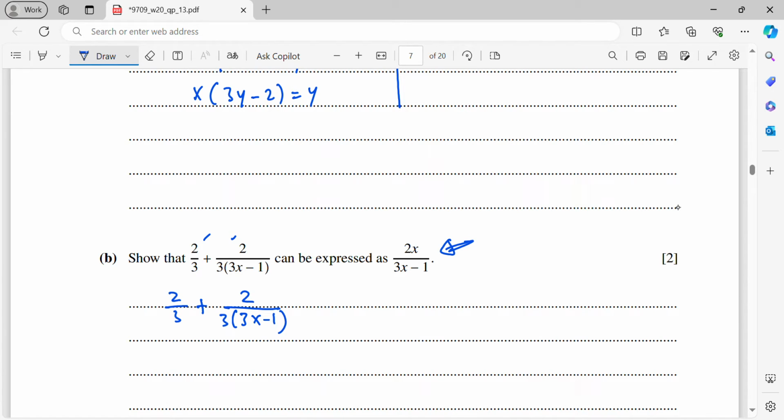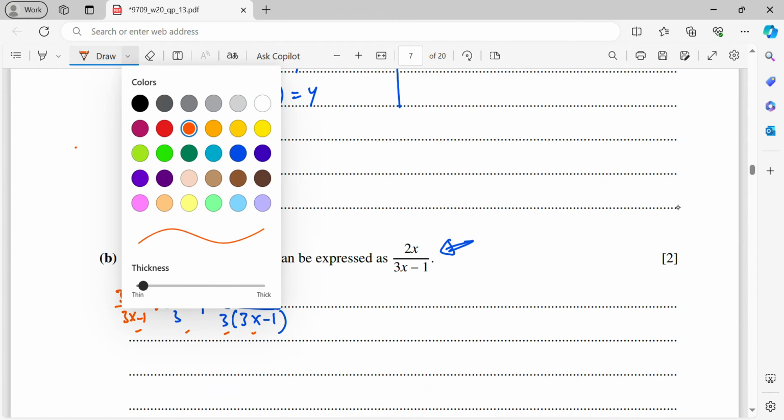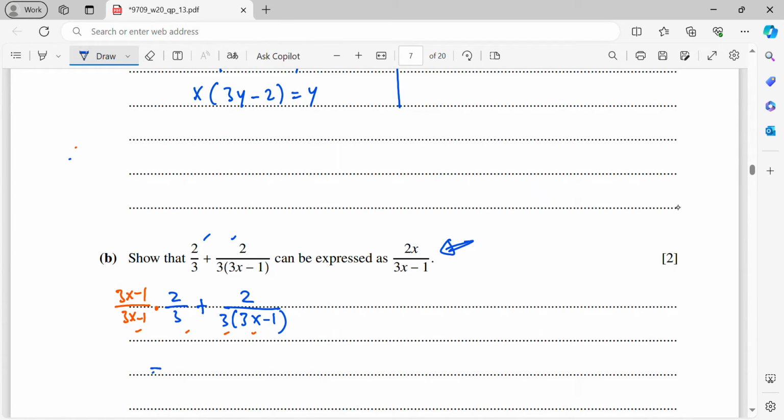Second term has denominator of 3 times 3x minus 1, which means now I will just times 3x minus 1 to the first term and over the same term. Make it the same denominator. Right? That means this is going to be over 3 bracket 3x minus 1.